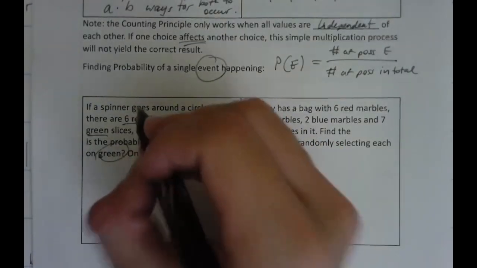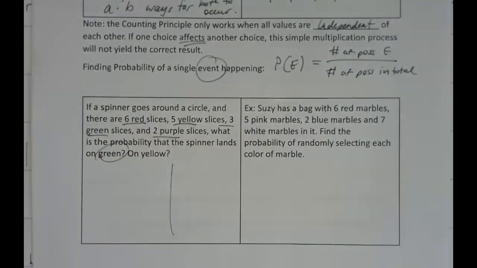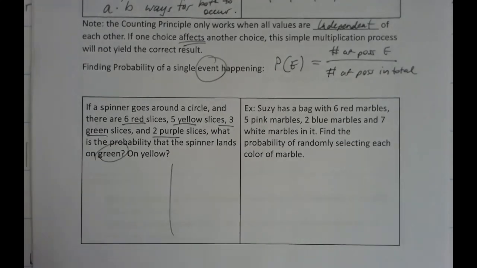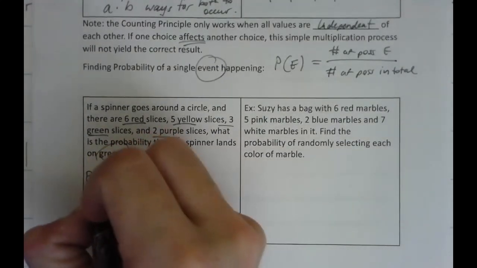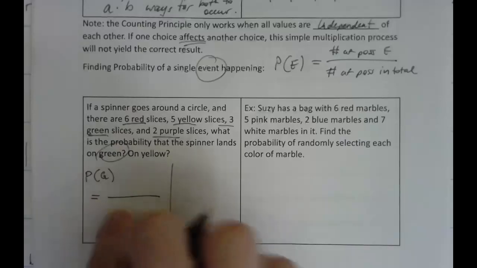So first, what is the total number of possibilities? I like to count the denominator first here. The probability that you land on green, I'm just going to use G, is the number of greens out of the total number of possibilities.